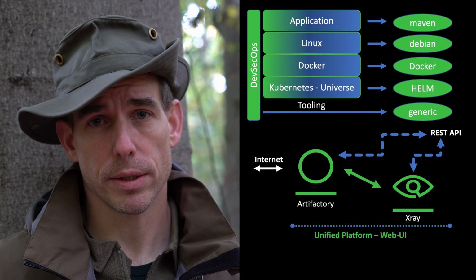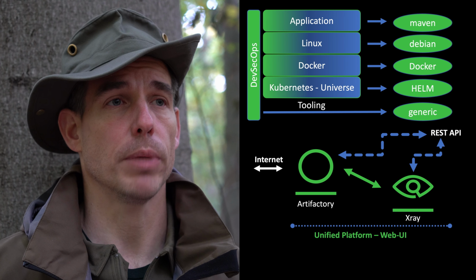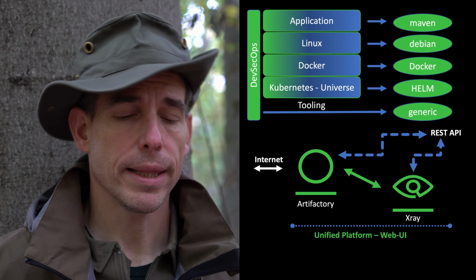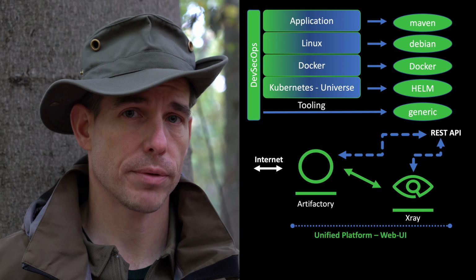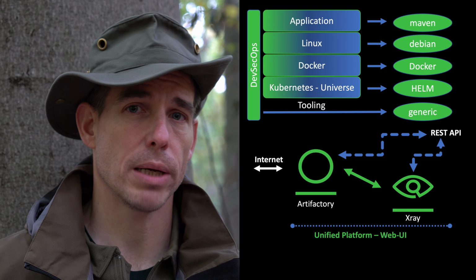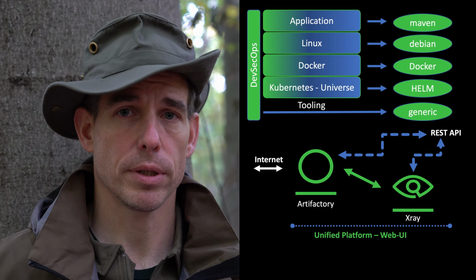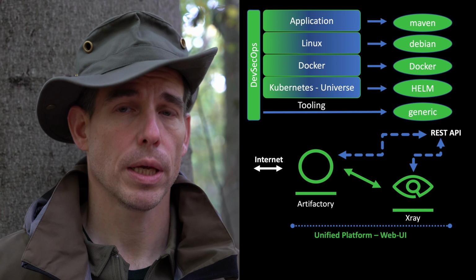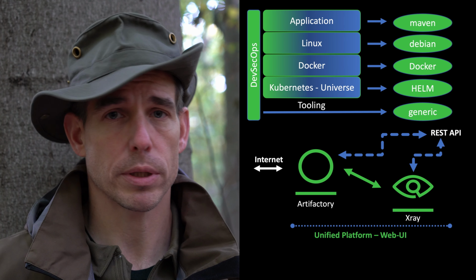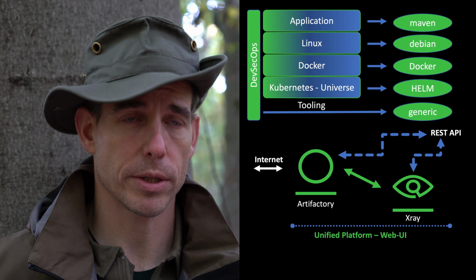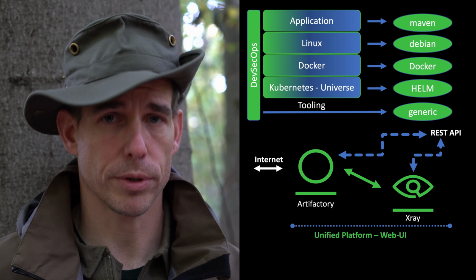Looking at this tech stack in general means that if you're writing a Java program, then you have some kind of dependencies managed by Maven. And for this you need Maven repositories. Then you have Linux, and if you want to deal with updates or security patches, you're dealing with Debian repositories, for example.